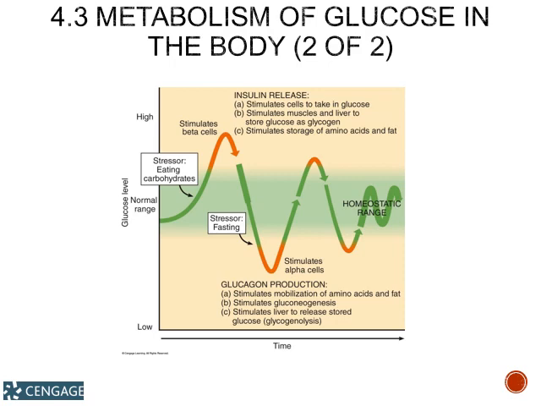When glucose is gotten from glycogen, it is referred to as glycogenolysis. So insulin and glucagon are counter-regulatory and work to put your body back into a nice, normal, happy glucose range.